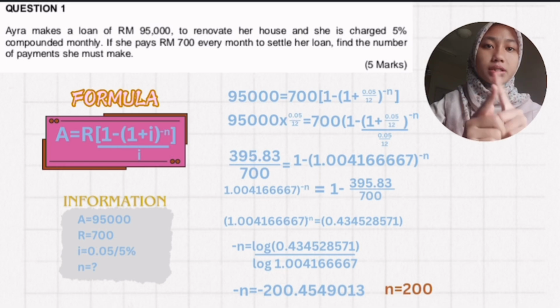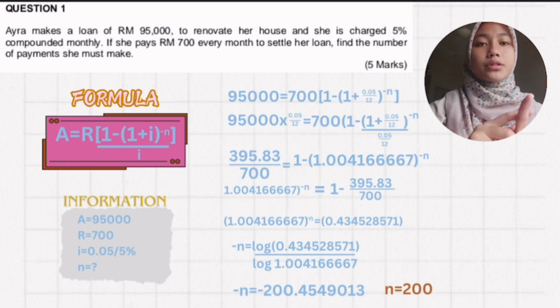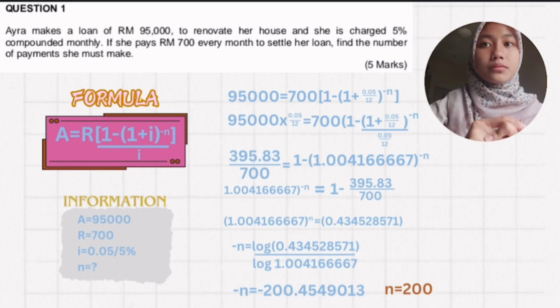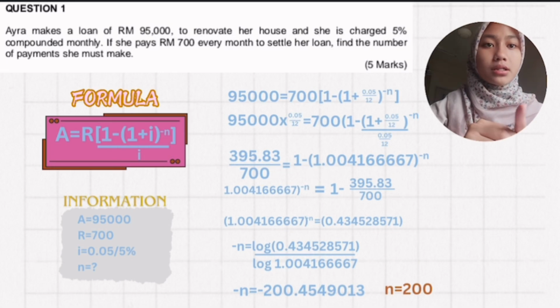And then we change the place, that will be 1.004166667^-n equal to 1 - 395.83/700.